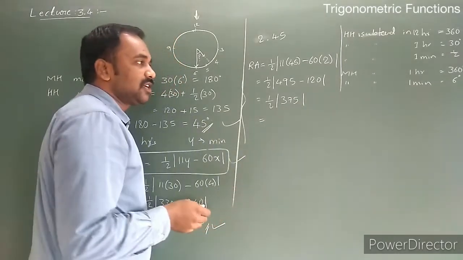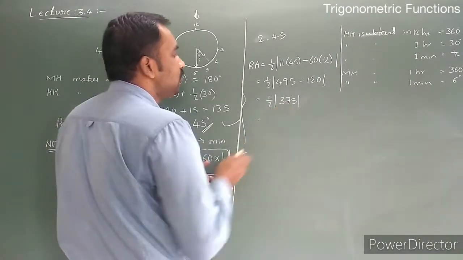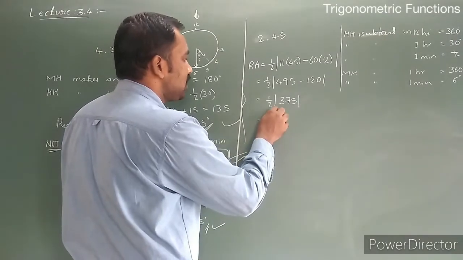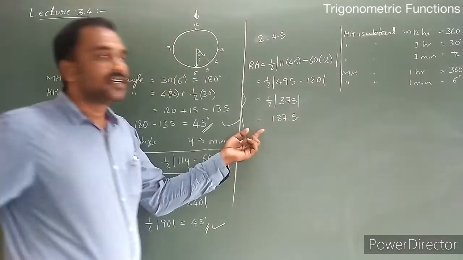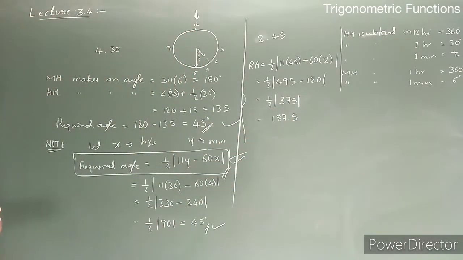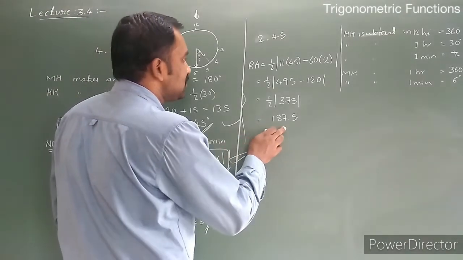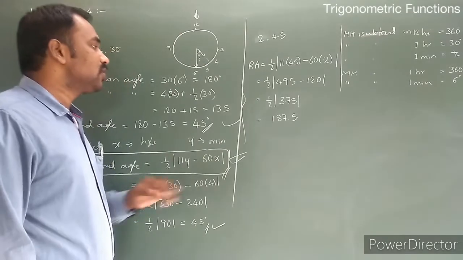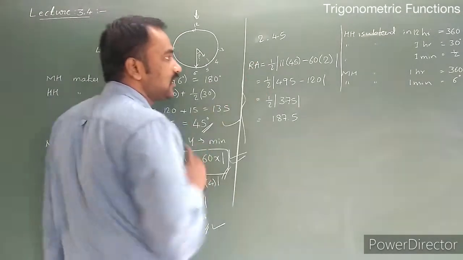What is 375 divided by 2? 1 by 2 into 375 is 187.5. Now observe that this required angle is more than 180. So in this case it is not the required angle.